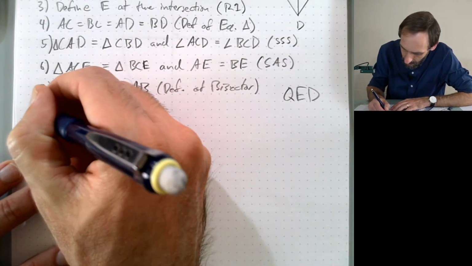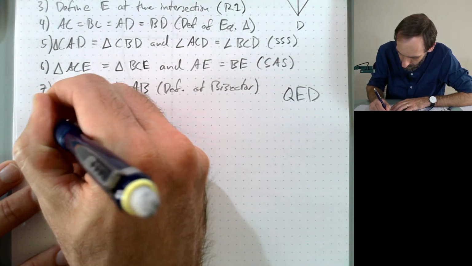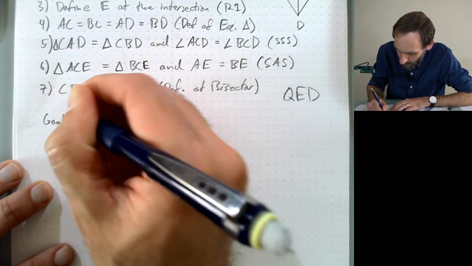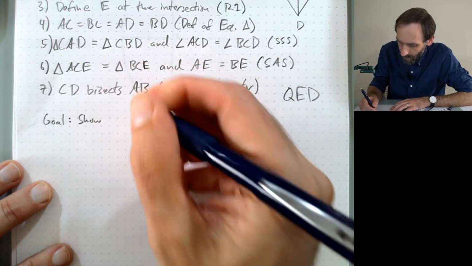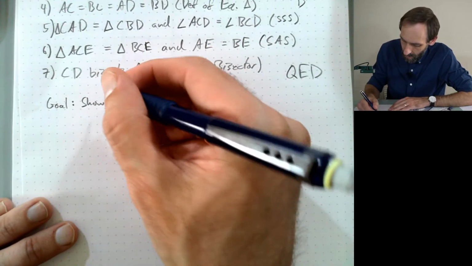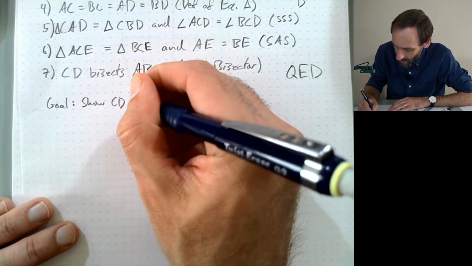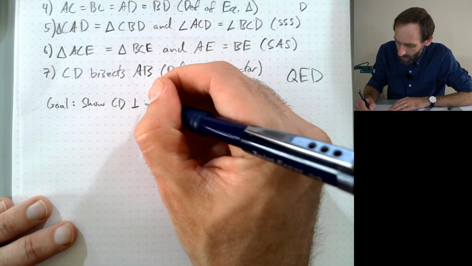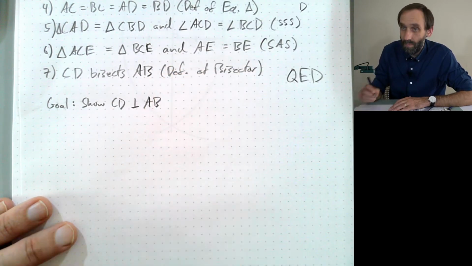So now the next goal is to show that this CD is perpendicular to AB. So show CD is perpendicular to AB.